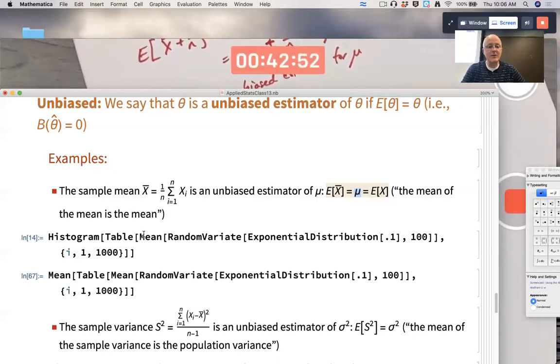This is going to make a histogram of X bar, many values of X bar in fact, which are means from an exponential distribution with parameter 0.1 there. That's the lambda. Beta would be 10. What am I doing here? I'm trying to confirm that if I make this histogram, it should be centered near 10.